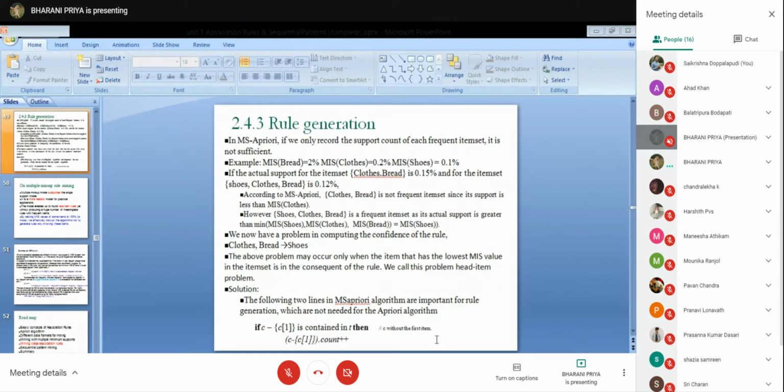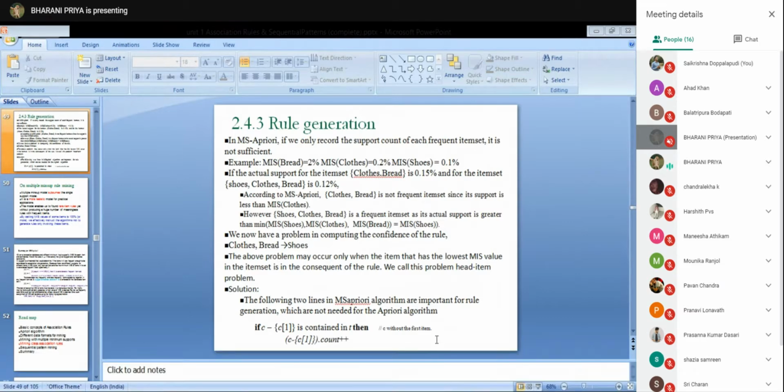So rule generation. Previously, for finding the validity of the rules in MS Apriori, what is the rule we have seen?